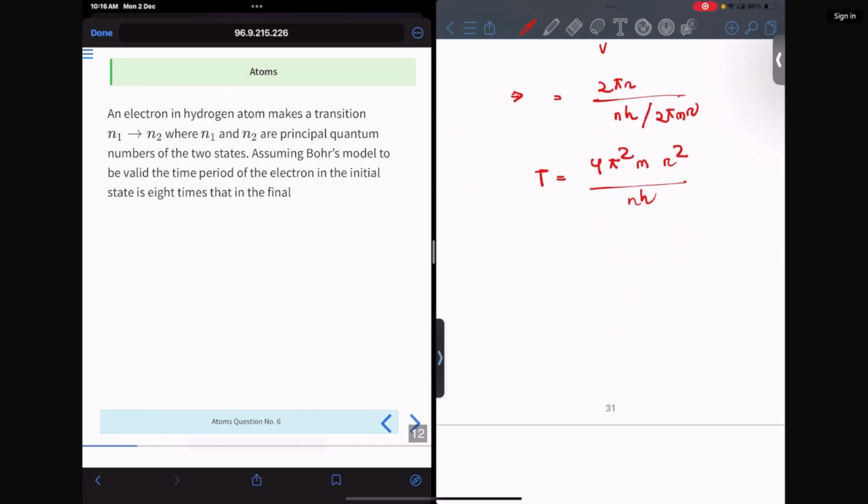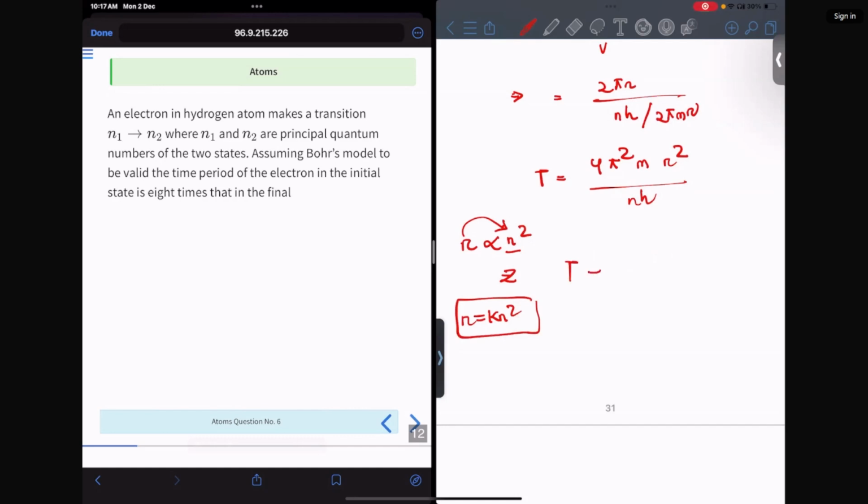Now we know r is directly proportional to n square upon Z, so it is proportional to n square. Write r as k n square.